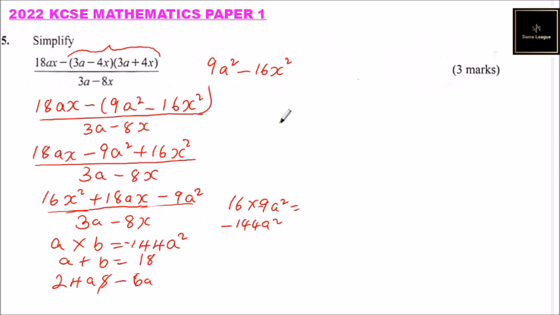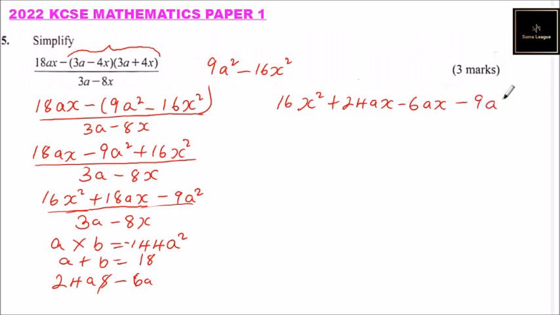So we can now rewrite our numerator as 16x squared plus 24ax minus 6ax minus 9a squared, divided by 3a minus 8x.